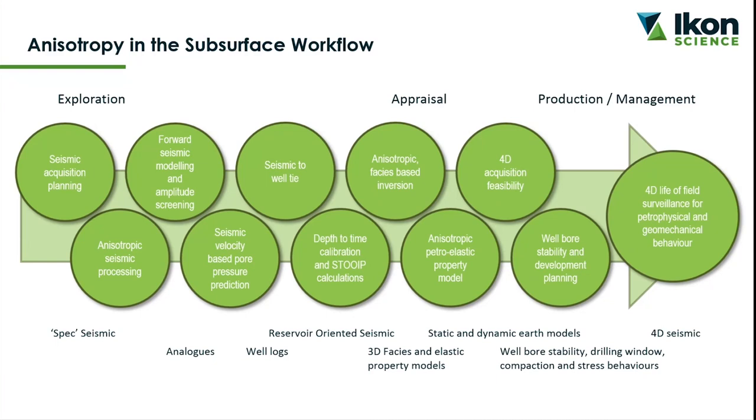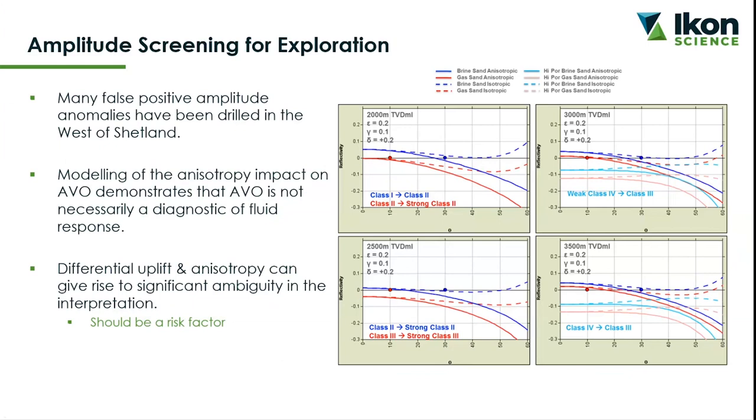So if we can improve the estimation of the properties and guarantee to some degree of accuracy that they are the isotropic properties that we want, then of course our model predictions will improve, and ultimately our management of the field will improve correspondingly. So let's look at a few examples of this in action.